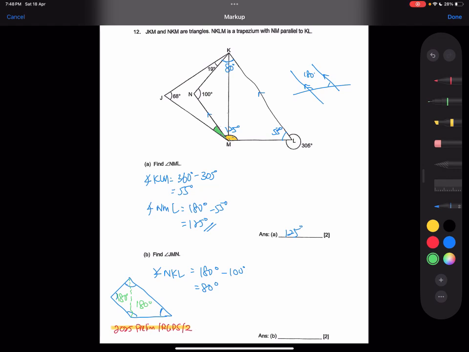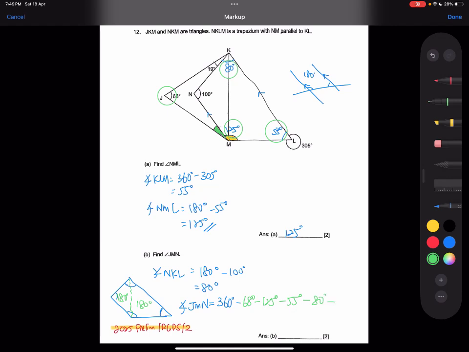Alright, so now to find angle JMN, we can take 360 degrees minus away 68, minus away 125, minus away 55, minus away 80.